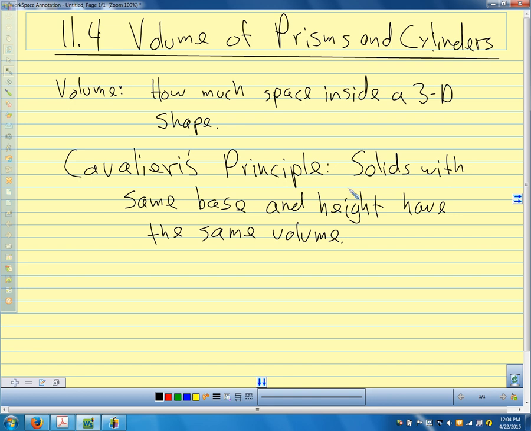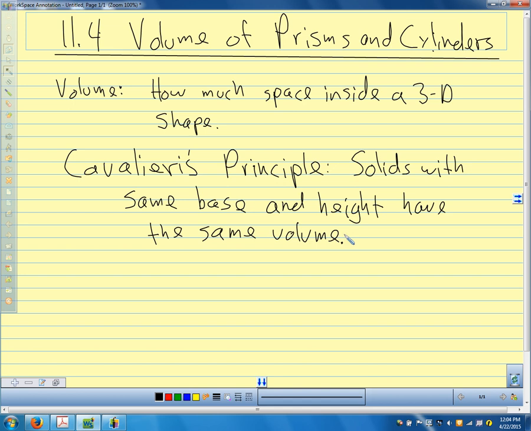Cavalieri's principle works for other shapes also. What's nice about that is that for the volume of any prism or any cylinder, we can use the same formula. If you remember back when we talked about surface area, our surface area formulas only work for right prisms and right cylinders.